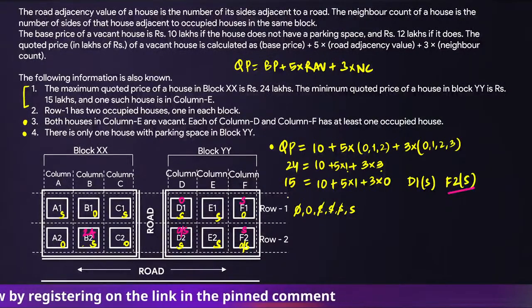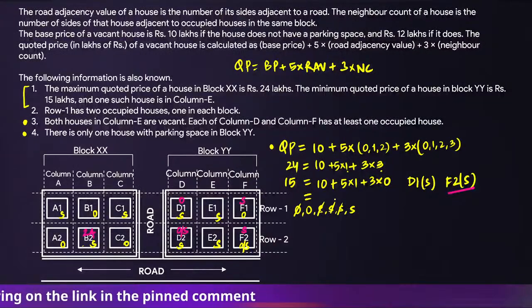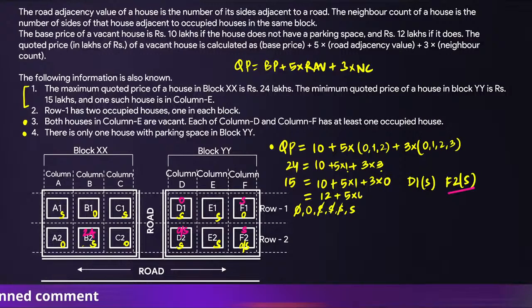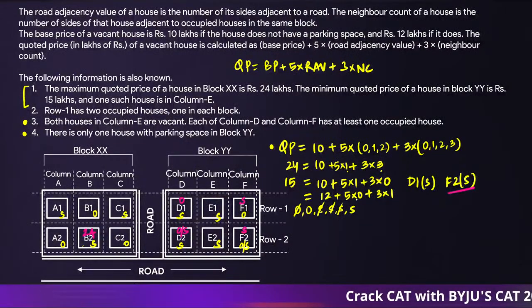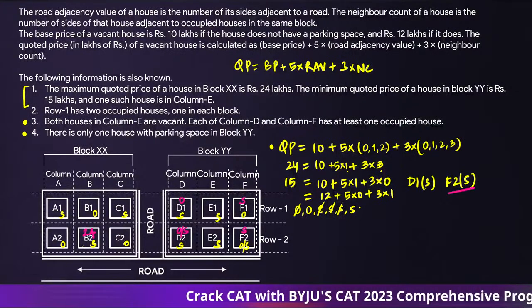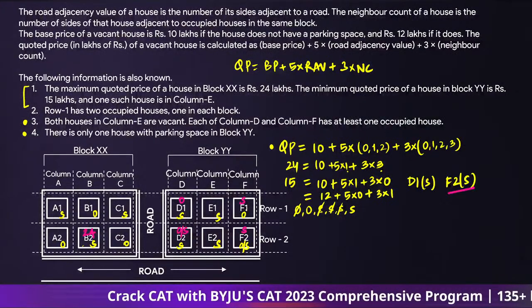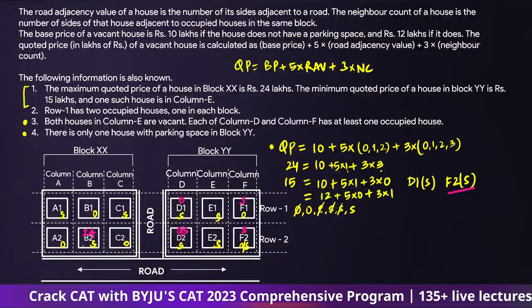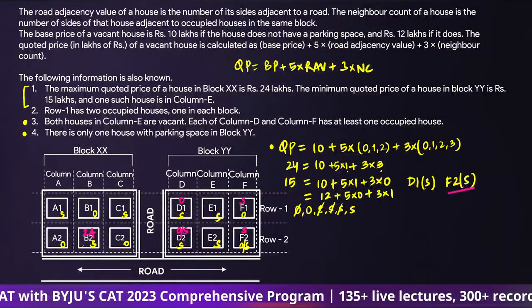Okay, next scenario. Can we make 15 using 12 plus 5 into 0 plus 3 into 1? 12 plus 3 is 15. So ये हमें बता रहा है कि पार्किंग स्पेस है, इसकी जो RAV वैल्यू है, रोड साइड नहीं है ये. So if this is not on the road side, it's going to be F1 or E1, right?